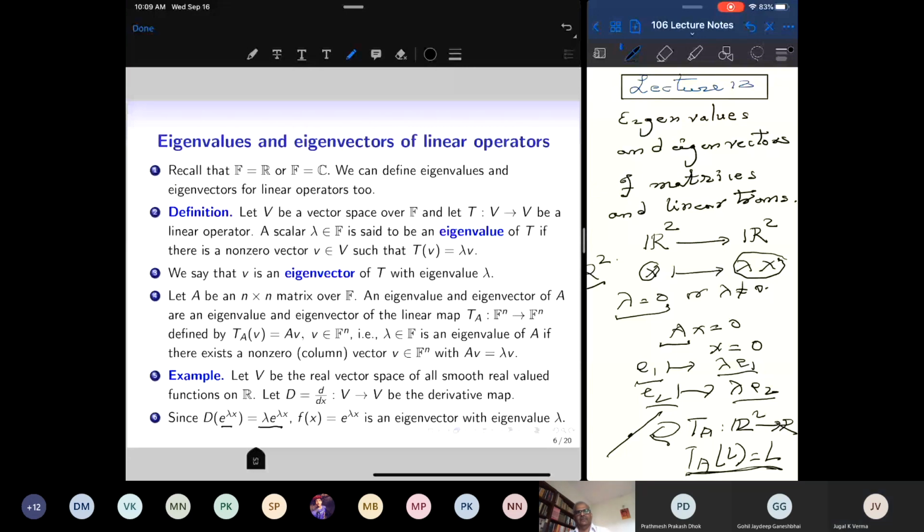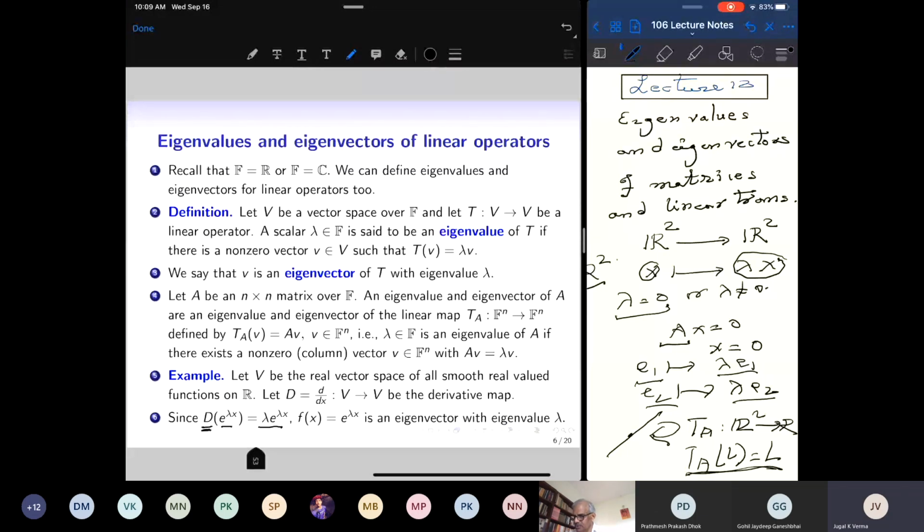Because this is my function, this is an element of the vector space. E to the power lambda x is the function, and it is being multiplied by lambda under the action of this linear transformation, which is differentiation. Differentiation is a linear map from V to V, and it maps this function to a scalar multiple of this function. But this is a non-zero function.